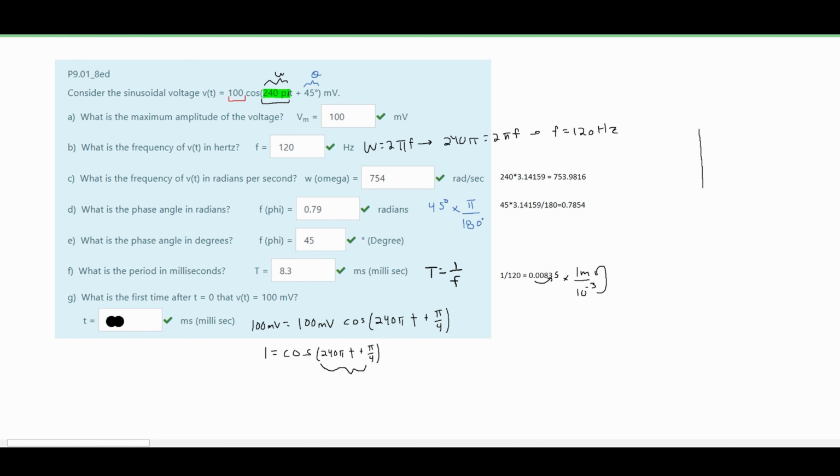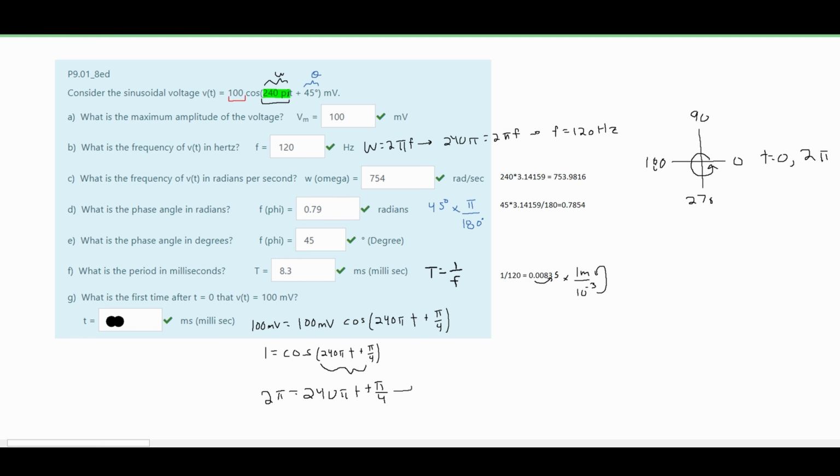If I graph this, we have 0 degrees here, 90 degrees here, 180 here, and 270 here. For the first time, t is equal to 0, but if we go around another time, it is also 2 pi. So the first time after 0 where the cosine is equal to 1 is going to be 2 pi. We can say that 2 pi is equal to 240 pi times t plus pi over 4.